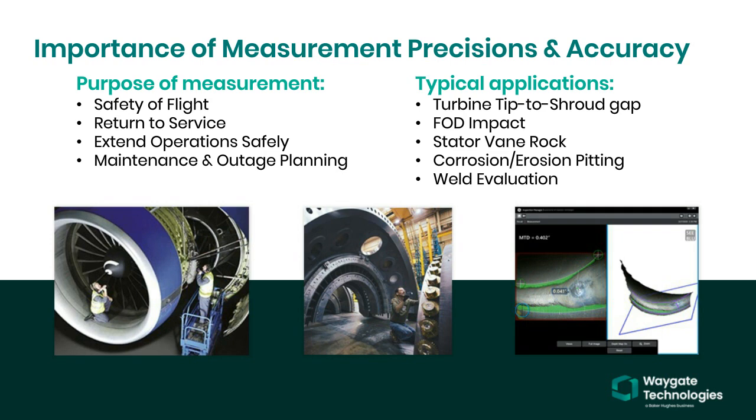In piping and in various assets in a plant, erosion and corrosion pitting are also of interest to know if too much material has been lost. And in critical welding situations, people are looking at reinforcement or re-entry angles, or looking for various weld issues. That is a short list of typical applications.